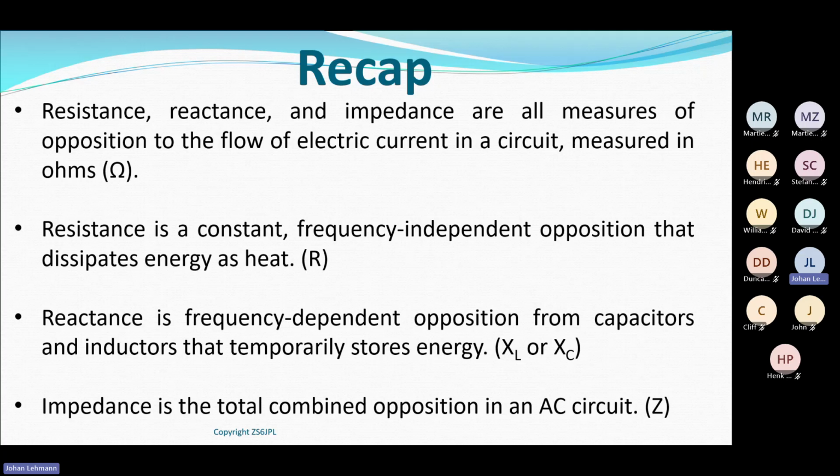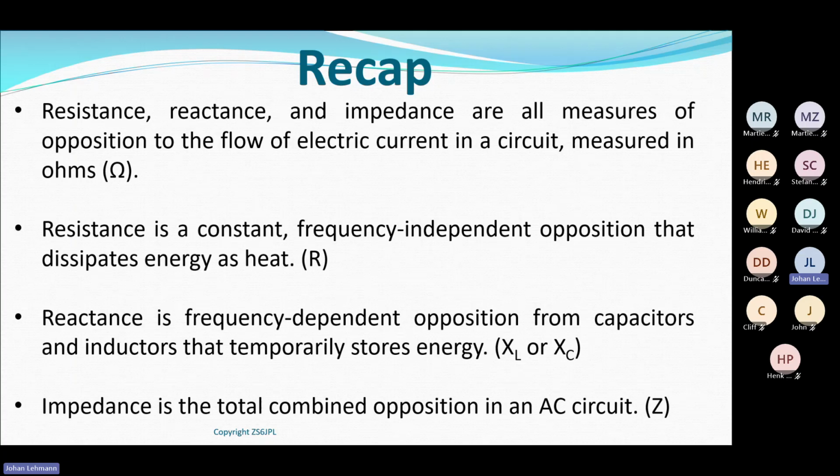So it's like a tap. The more the tap is closed, the less water you'll get, and the more you open the tap, the more water you will get. So reactance, resistance, and impedance are all specified in ohms, and they are the opposition to electrical current in our circuit.